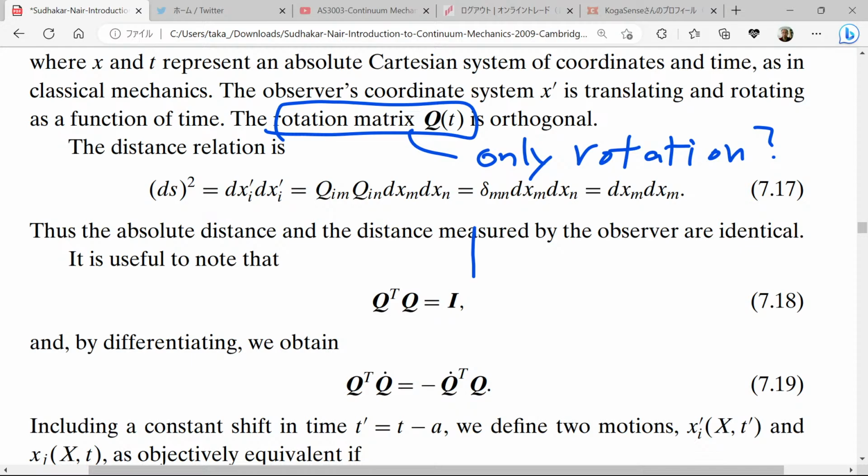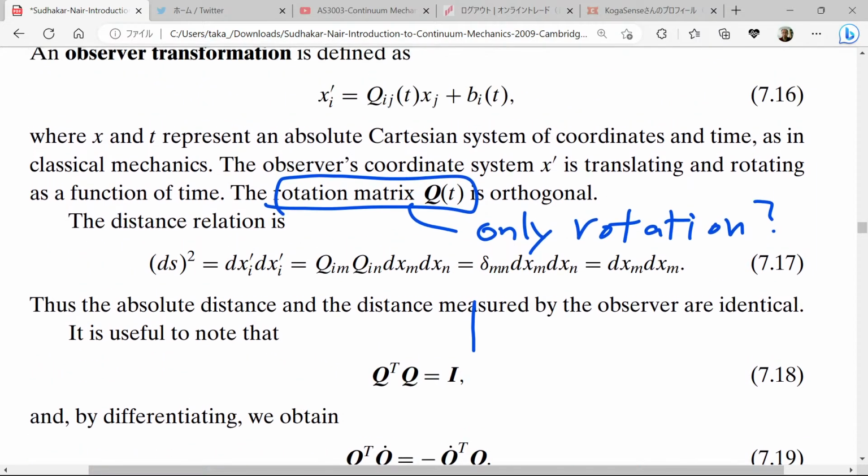It is useful to note that Q transpose Q equals I.